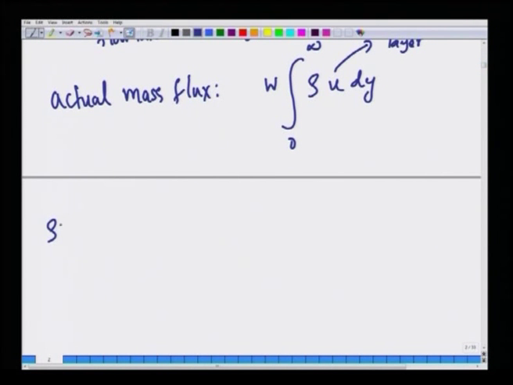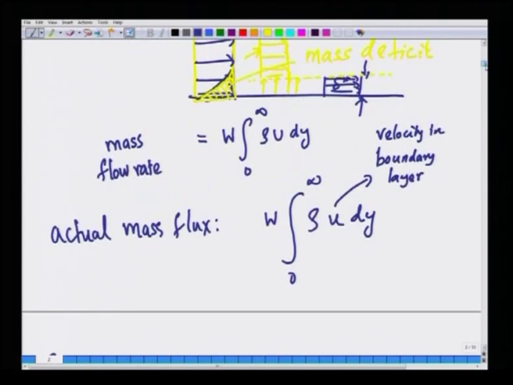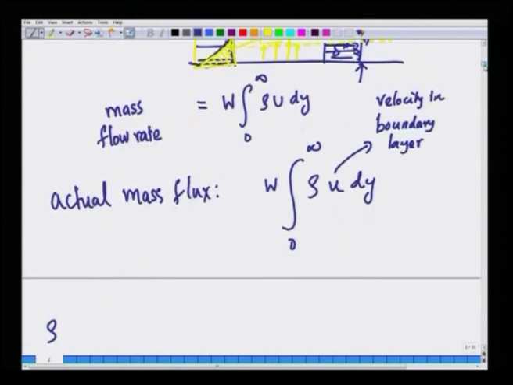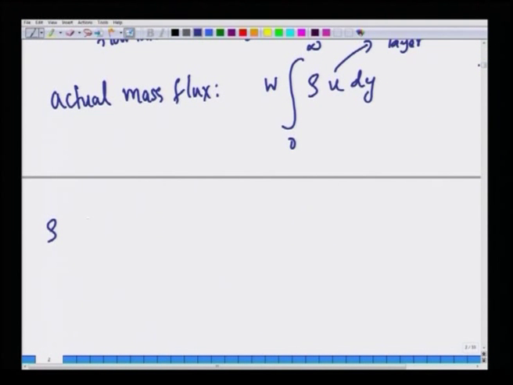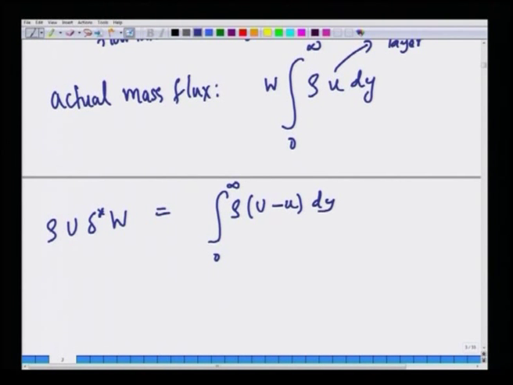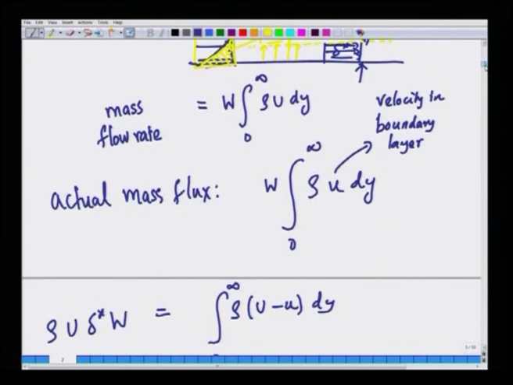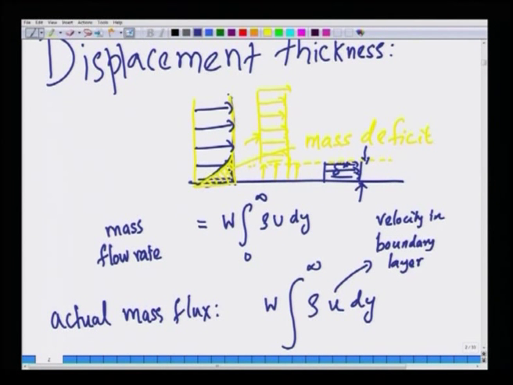So, the mass deficit due to the lifting of this imaginary surface by an amount delta star is simply rho U delta star w, but that must be equal to integral rho times capital U minus small u dy, because capital U minus small u is the deficit. If you remember, the yellow profile is small u here, and the blue profile is capital U. The difference is this deficit region, shaded in yellow.